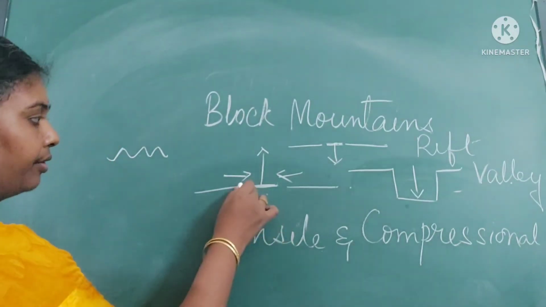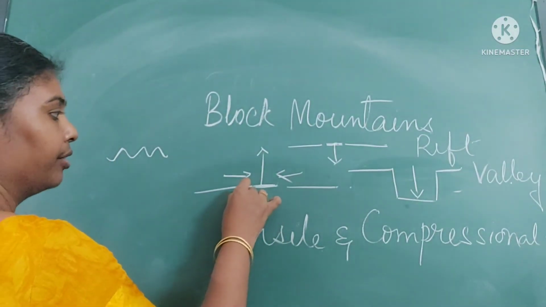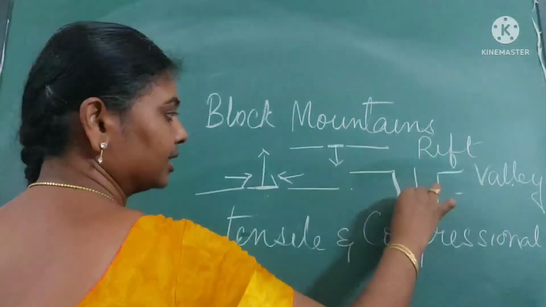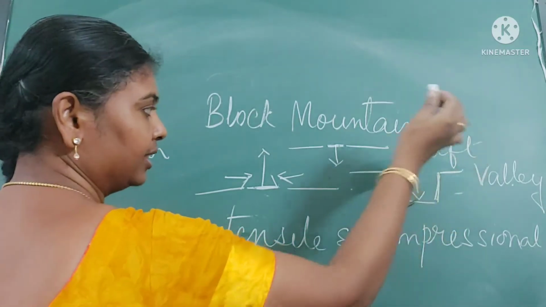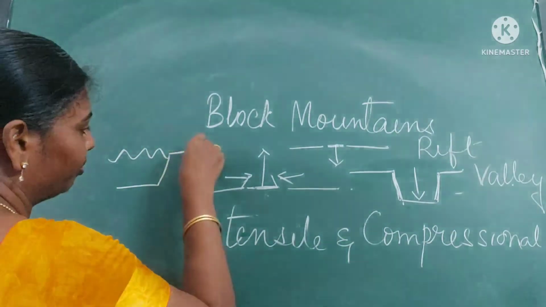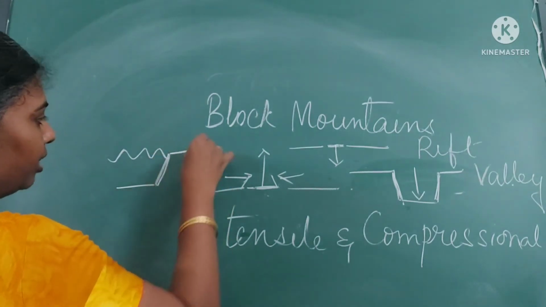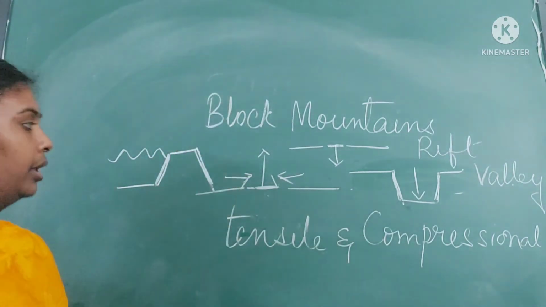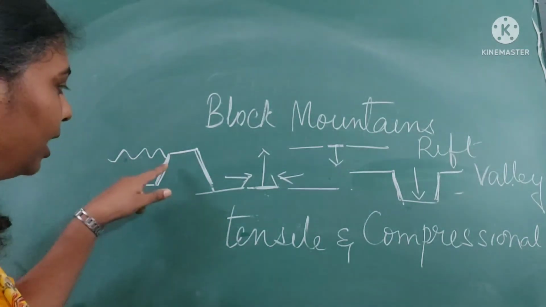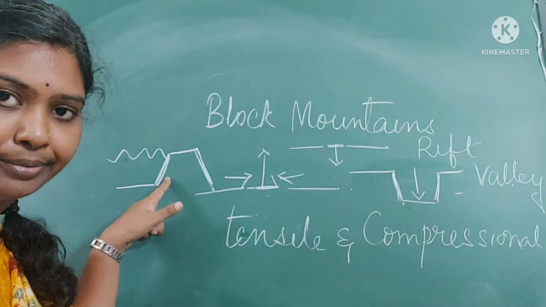So here we find a fault, in the case of a block mountain. Okay, this is a fold and this is a fault.